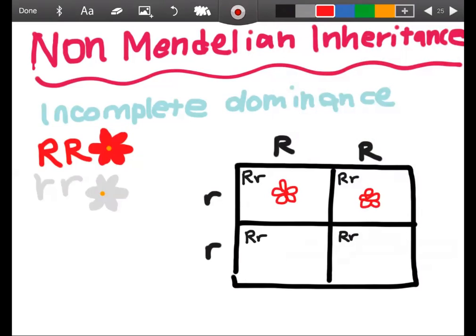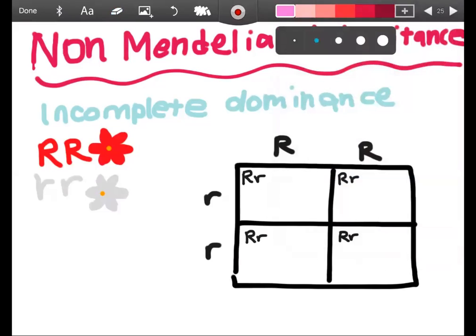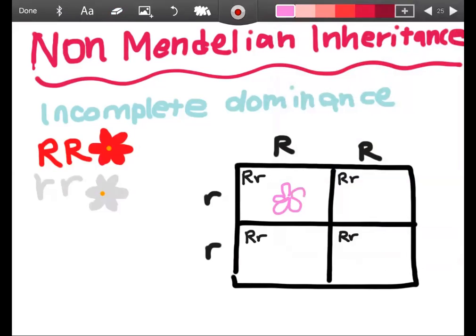Because the dominant gene should take over. But with incomplete dominance, this is actually not the case. Instead of the dominant allele being expressed in the phenotype, the recessive allele is also expressed at the same time. So the resulting flower color would actually be pink. So it's the intermediate between the dominant and recessive allele being expressed. So that is incomplete dominance.